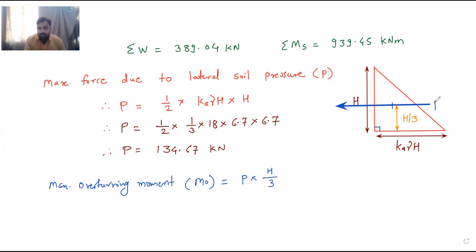This force is P, which we have already calculated. So P into H by 3, with the value of P as 134.67 into the total height 6.7, 6.7 by 3. If you solve this, you will get the value of the maximum overturning moment M0.